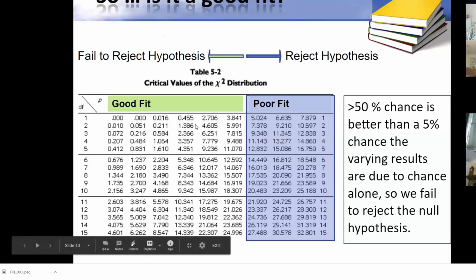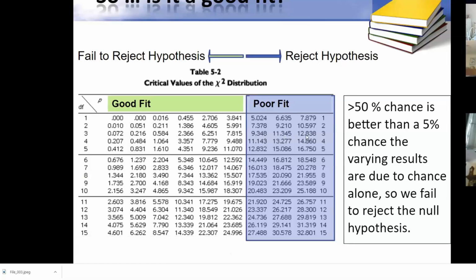Okay, so numbers on the low side over here, good. Numbers on the high side, bad. And for us, we landed somewhere between 50% and 5%. So we accepted that. Our number was over here, 1.33.